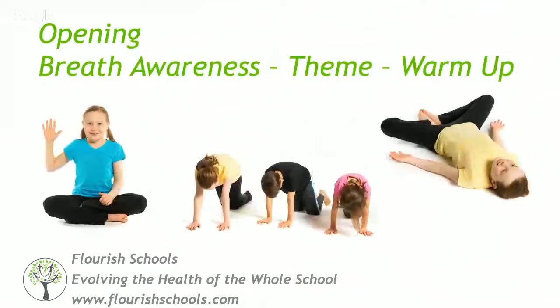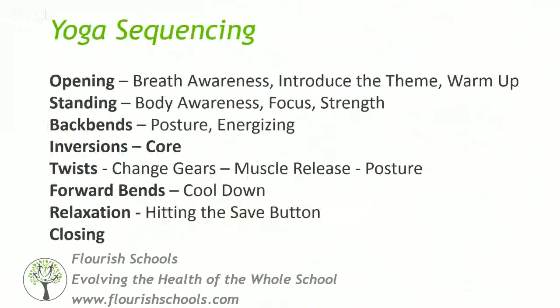All right. Actually, just to go through it, we're going to start off with, this is basically the sequence that I would do in an adult class, and how I start the structure with for my kids and youth and teens. So you'll have some opening where we're going to do some breath awareness and introduce the theme and warm up the body. And then we go into standing poses, which is all about body awareness.